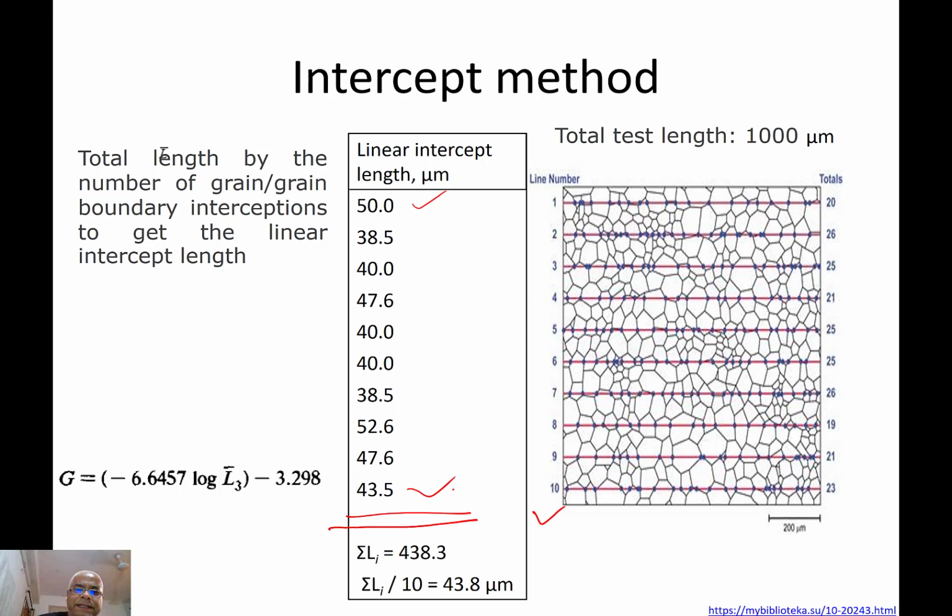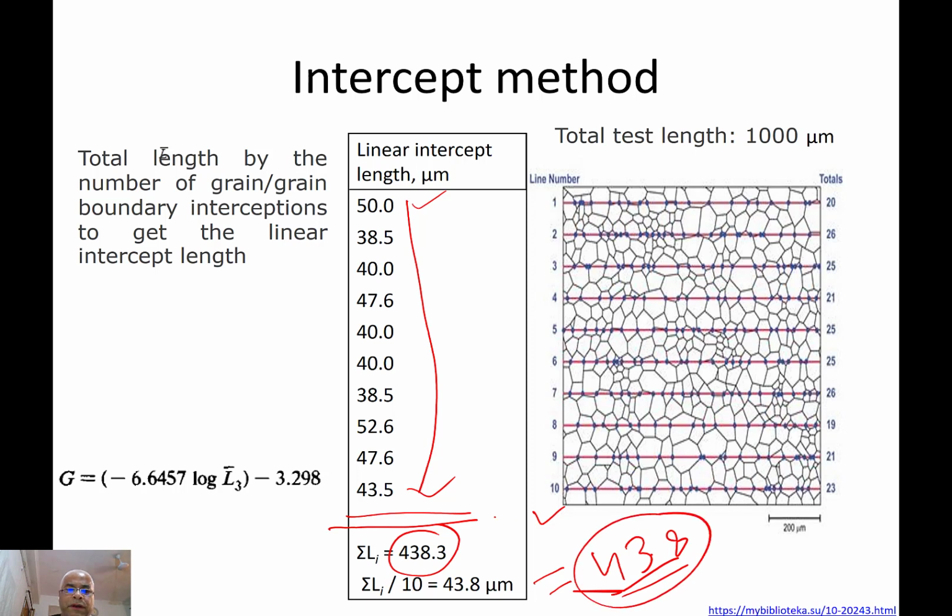The sum of all these linear intercept lengths is divided by the 10 intercept lines. So the average intercept length of all these measurements is, say, 43.8, and this average intercept length is used for calculating the ASTM grain size number. This L3 is the average intercept length, and using this equation we can get the value of the ASTM grain size number.